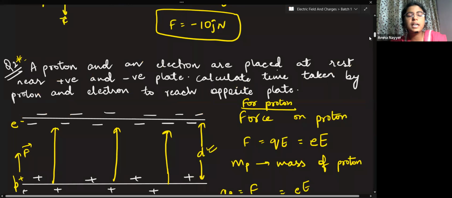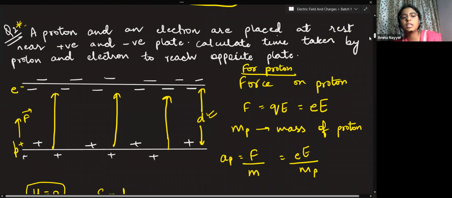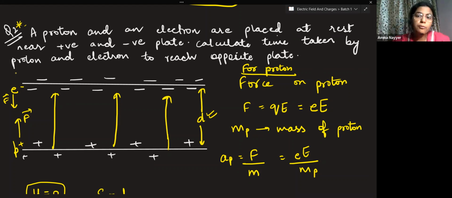In this, if it asks you the direction of force on electron, see, electric field is directed upwards. So force on electron will be in the downwards direction. Now you can easily see why electron is able to move in the downwards direction. Why proton is able to move upwards, because electric field is directed in the upward direction.